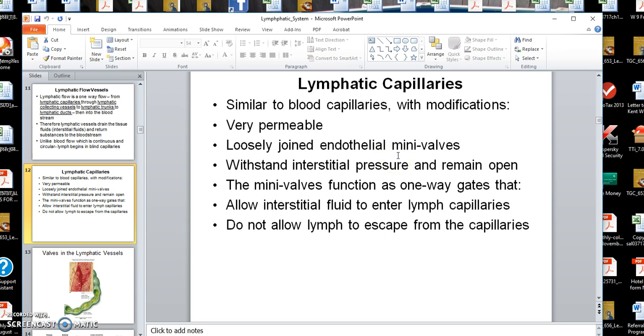One of the reasons for overlapping is to allow material from the connective tissue to come into the lymphatic and not exit it. So the pressure will build up in the lymph capillaries and push out on it, forcing the overlap to close. Then you also have mini valves, so when material is moving up, it can't fall back the other way.